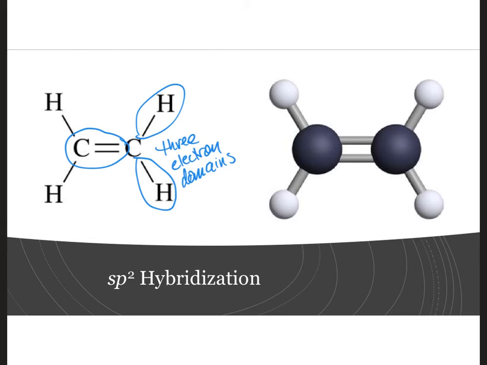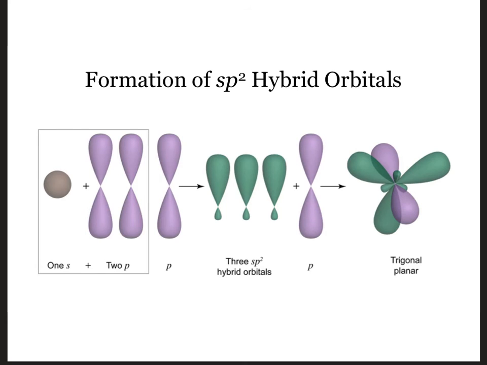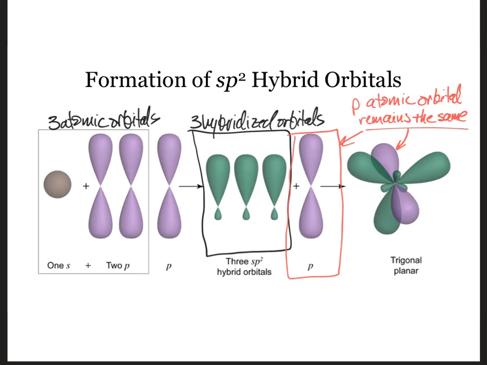Let's take a closer look. Each carbon atom combines its 2s orbital with two of its 2p orbitals to form three equivalent half-occupied sp2 hybrid orbitals with a trigonal-planar shape. This leaves one unhybridized p orbital that also plays an important role in bonding in this molecule, but we'll pick up that topic in the next lesson.